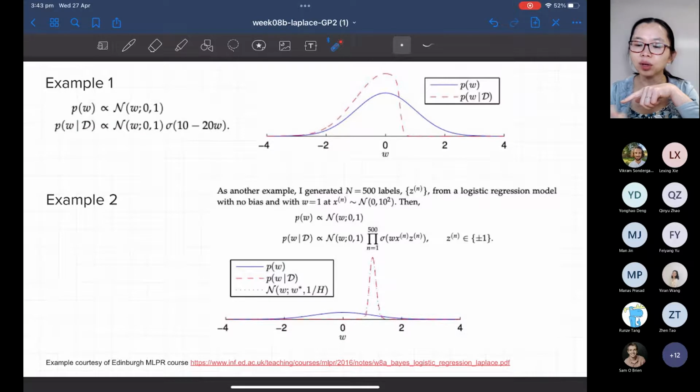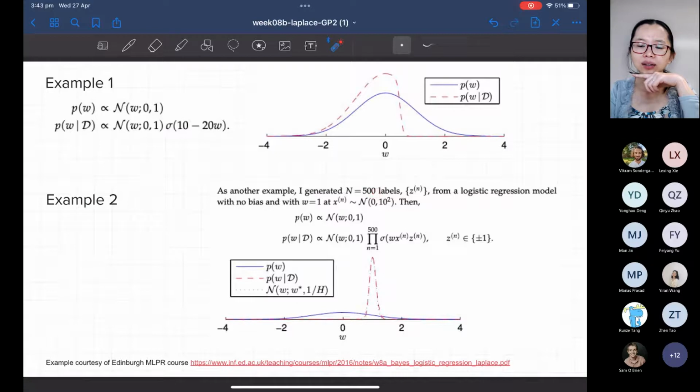So the true posterior is like this. It's lopsided because it's a Gaussian multiplied by a sigmoid, and the sigmoid is not centered around 0. If we compute a Laplace approximation, the blue one, it matches the mode and normalizes itself to 1. So it doesn't match the perceived spread of the original distribution at all.